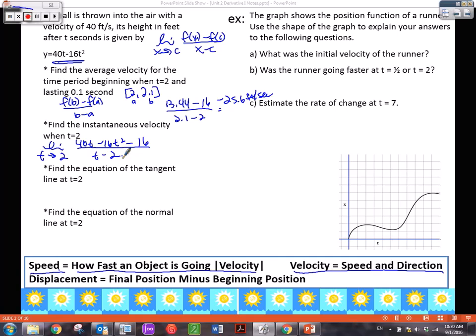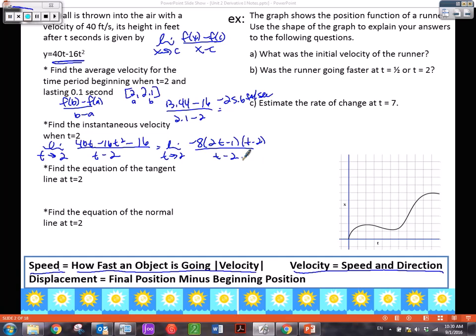Okay, so what I would do is factor that, and I'm not going to show you how I factored it, I'm just going to show you what the factor is. We all know how to factor. So the limit as t goes to 2 turned out to be negative 8 times 2t minus 1, times t minus 2, all over t minus 2.